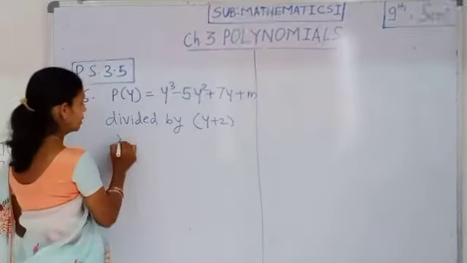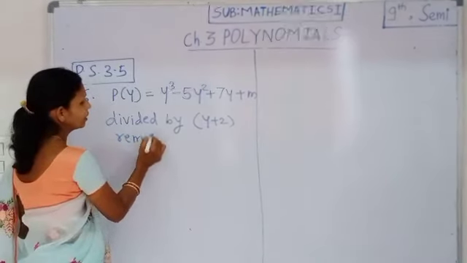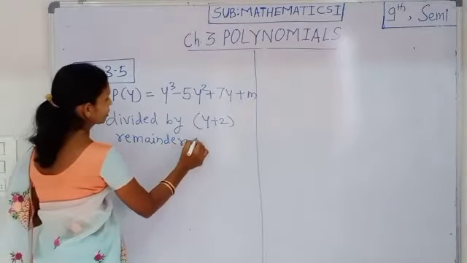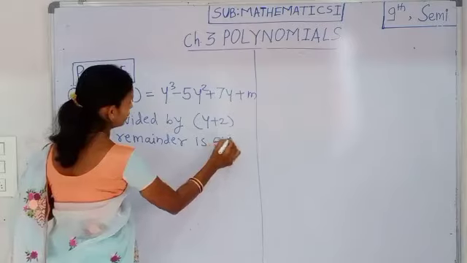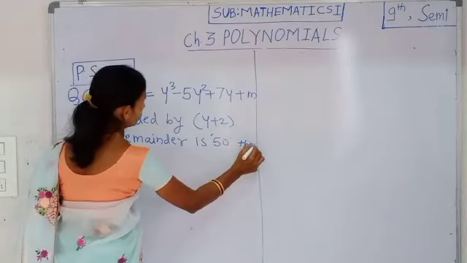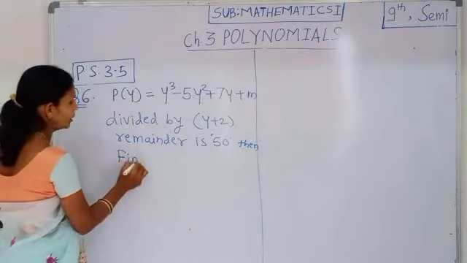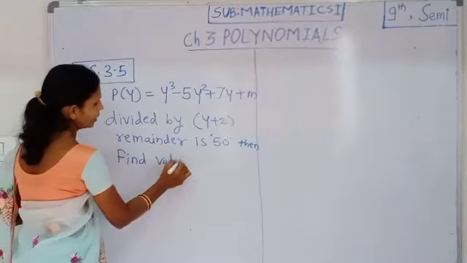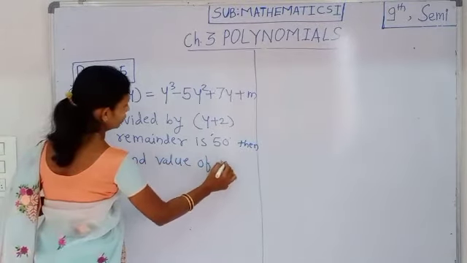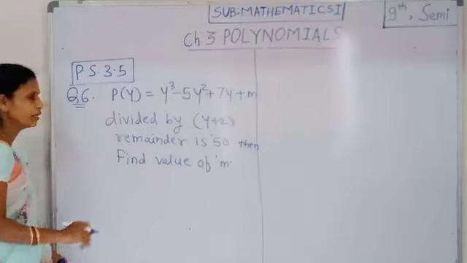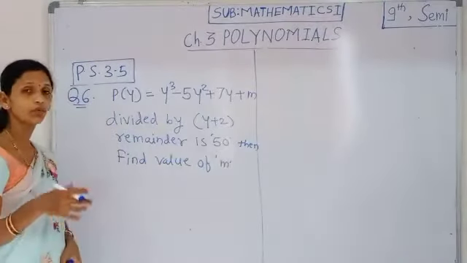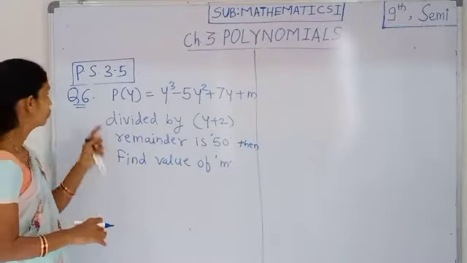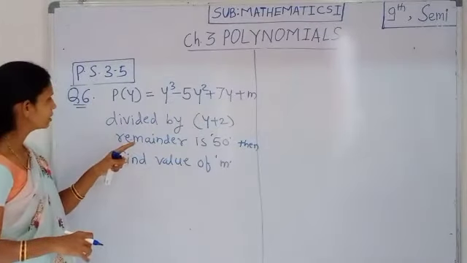And if the remainder is 50, then find the value of m. Find the value of m.